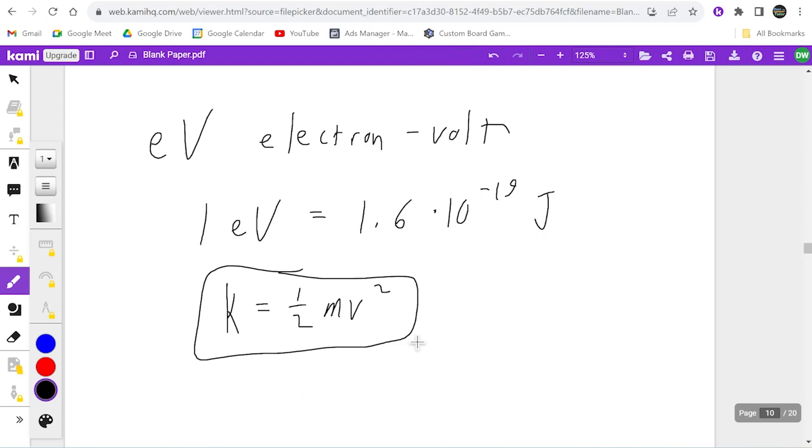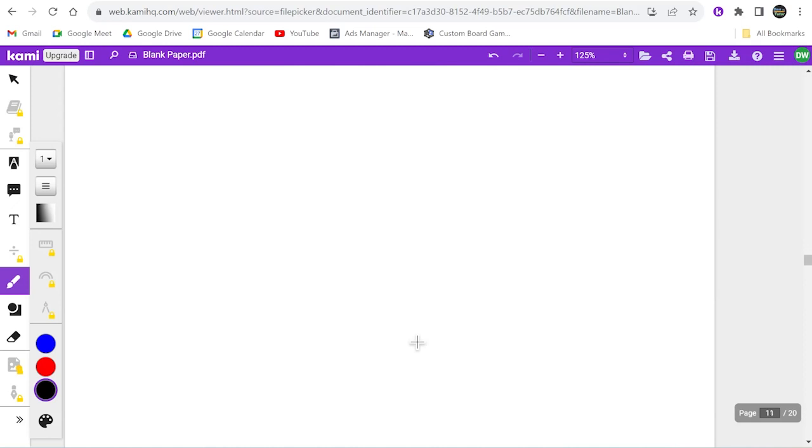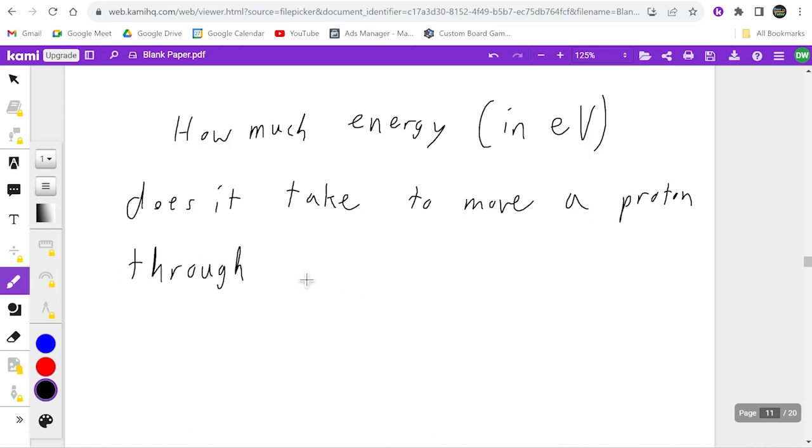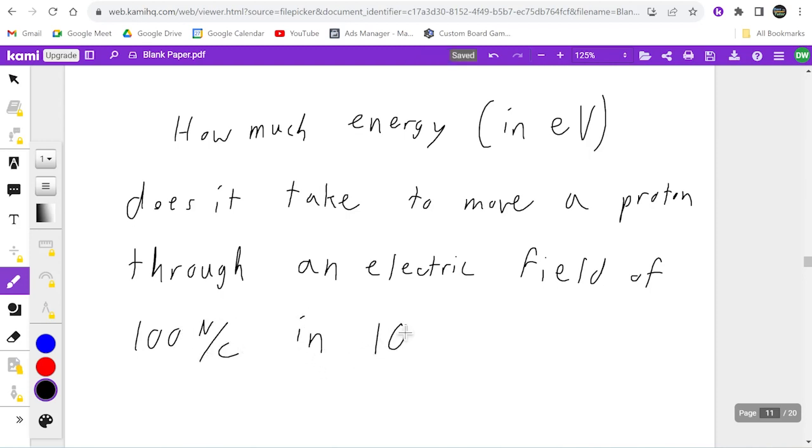So then here's my question for you guys. How much energy in eV, electron volt, does it take to move a proton through an electric field of 100 newtons per coulomb in 10 micrometers distance?